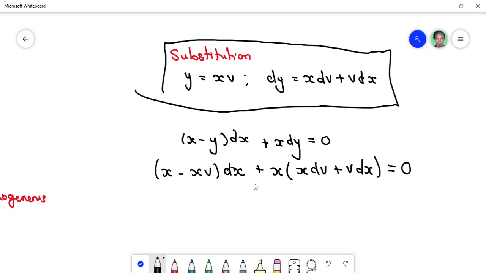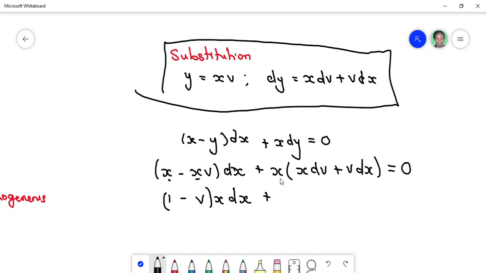So let's do the algebra here. If you simplify, you realize that x is common here, so you can factorize x out so that I have x times (1 minus v) dx.